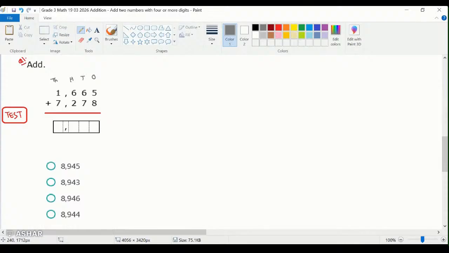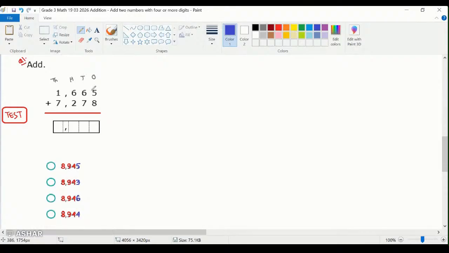See, all of these answers had 894 as the starting digits. So the difference would be made by the last digit. Agreed? Only the ones position is making the difference.